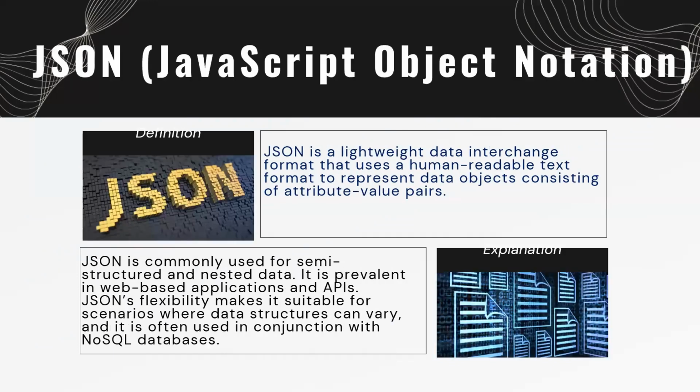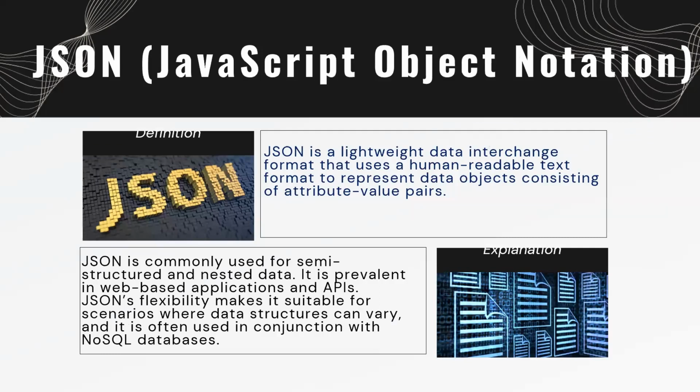Then next we have the JSON file, that is JavaScript Object Notation. JSON is a lightweight data exchange format that uses a human readable text format to represent data objects consisting of attribute value pairs. JSON is commonly used for semi-structured and nested data. It is prevalent in web-based applications and APIs.